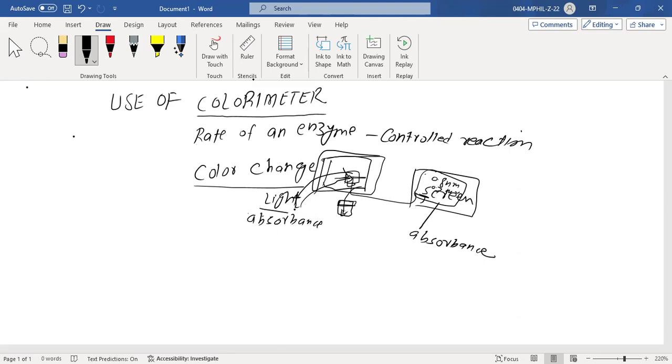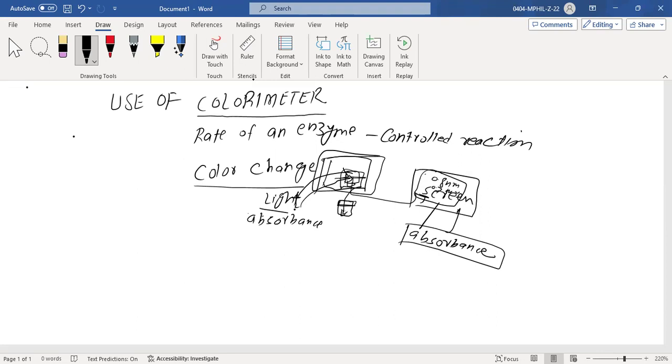Absorbance means the amount and color of light which is absorbed by the reacting solution present in this cup. That absorbance is shown on the screen, and from there we will get an idea and the data of what the rate of chemical reaction is.